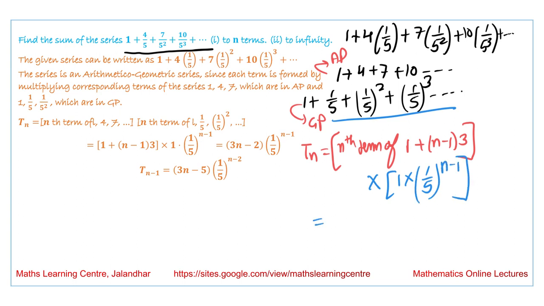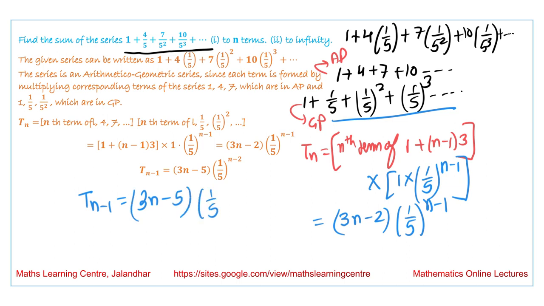So the answer is 3n minus 2 into 1 by 5 raised to the power n minus 1. So Tn minus 1 is equal to 3n minus 5 into 1 by 5 raised to the power n minus 2.